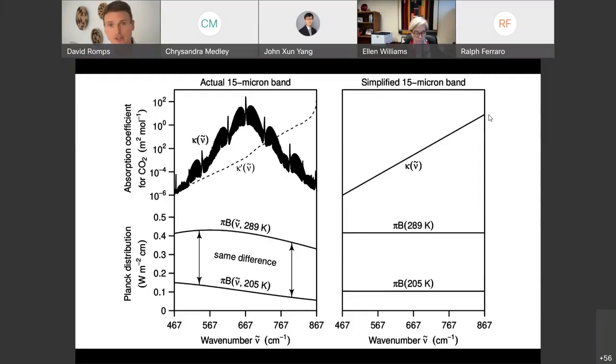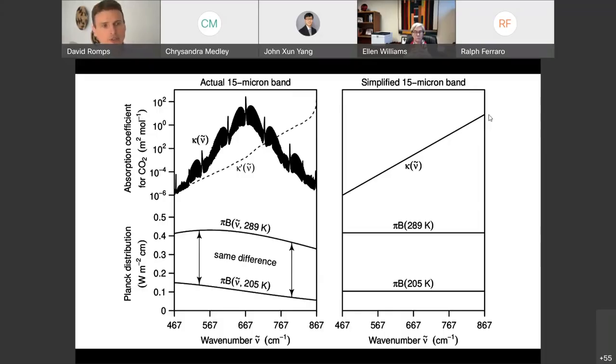And as we saw, that difference in temperature with temperature is the same for the different wave numbers. And then we've taken the complicated looking kappa that we have on the left, and we just sorted it and approximated it by this line. So this is our simplified system that allows us to understand the forcing from CO2.